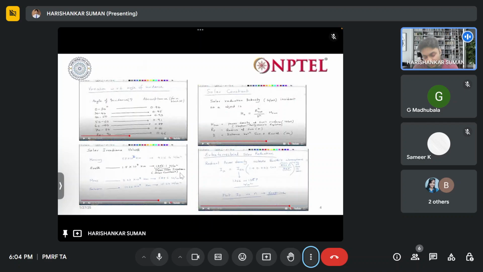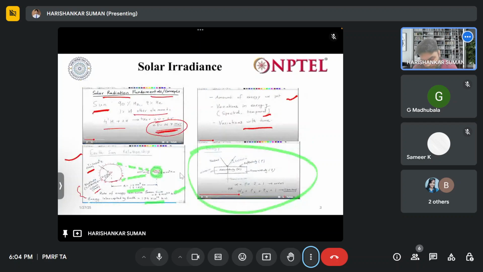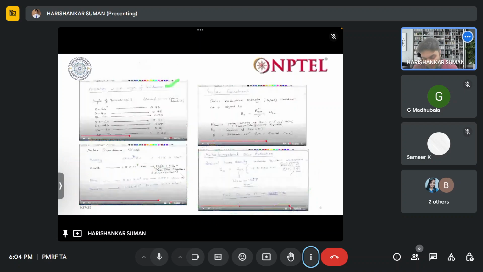Another is the variation with angle dependence. What is the angle of incidence? The angle of incidence from 0 to 30 is maximum, then it decreases. And for the solar radiance value, Mercury has the highest, then Earth, so this is a distance-dependent factor. Okay, so these are the concepts.